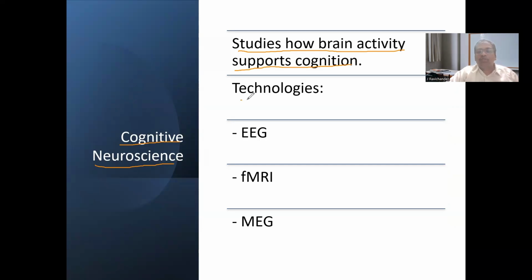The technologies involved will be electroencephalography (EEG), functional MRI, and MEG. Using neurological signals, we can find the activity of the brain, and from that we can find the cognition of that particular person. So this is another area.